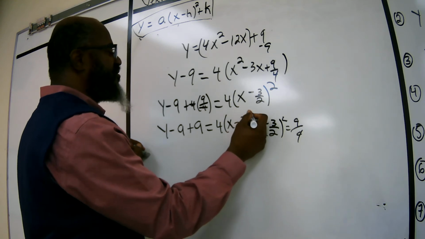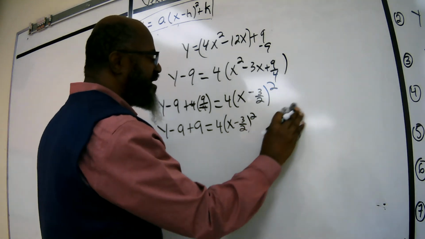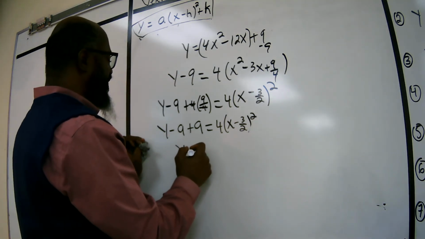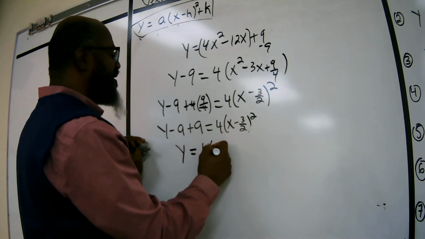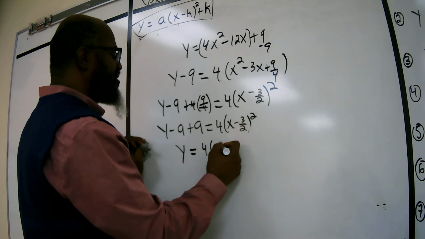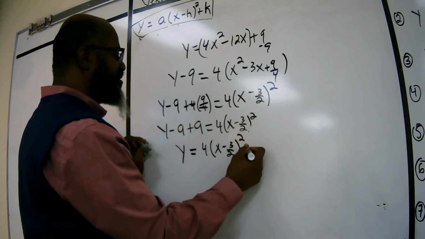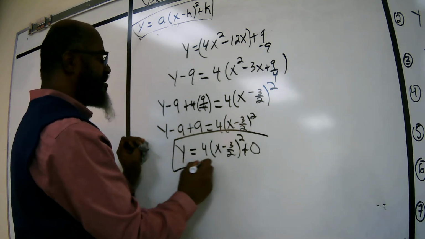So you don't need all of those operations when you're doing completing the square. Actually, it's much easier. Then you have y equals 0, and 4 times x minus 3 half squared plus k, k is 0. You don't have to put it. Then you get the same equation.